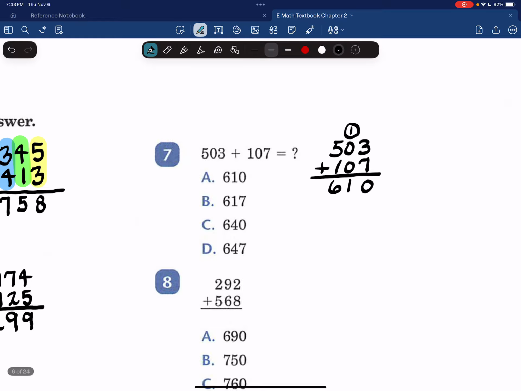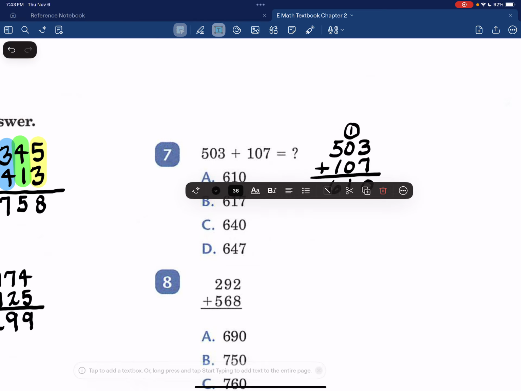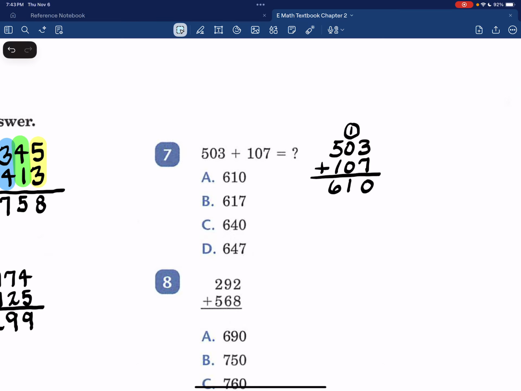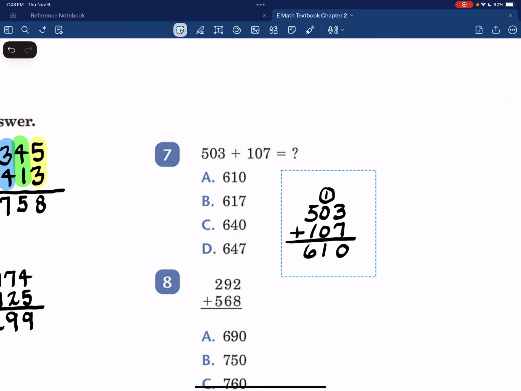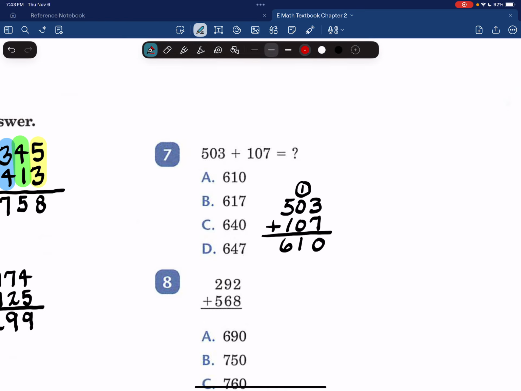I am going to expand this one because it involves that regrouping, that carrying. And I don't know what I hit, but it wasn't the right button. So let's pull that down here. And let me get my red pen for this one. So we have 500, no tens, and 3 ones.